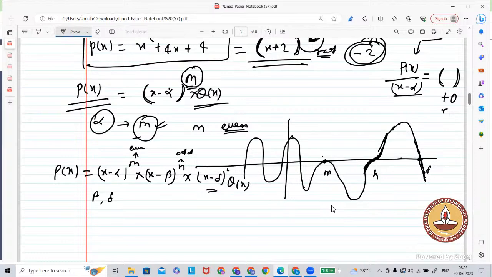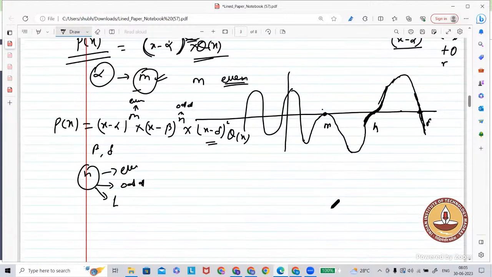So 3 cases: a number could be even or odd, or exactly 1. 1 is also kind of odd, but while defining the structure it plays an important role, as at that point it passes through like a line.